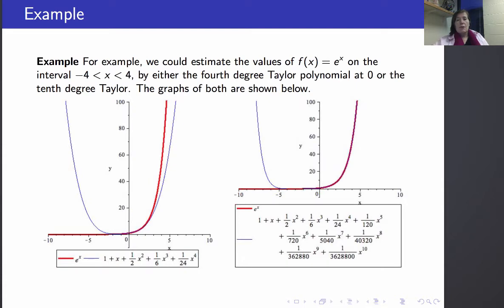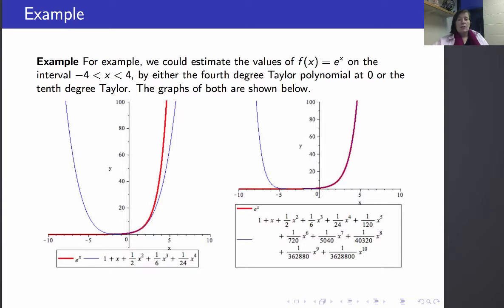Here we have the graph of y equals e to the x shown in red, and the graphs of some of the Taylor polynomials shown in blue. On the left we have the graph of the fourth degree Taylor polynomial at 0, in other words, the fourth degree Maclaurin polynomial for e to the x.